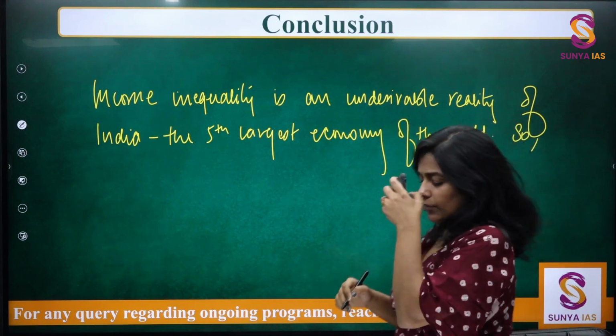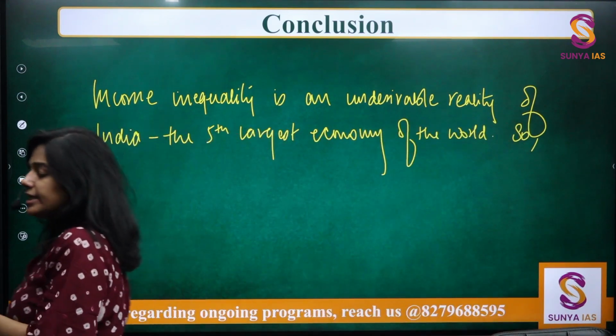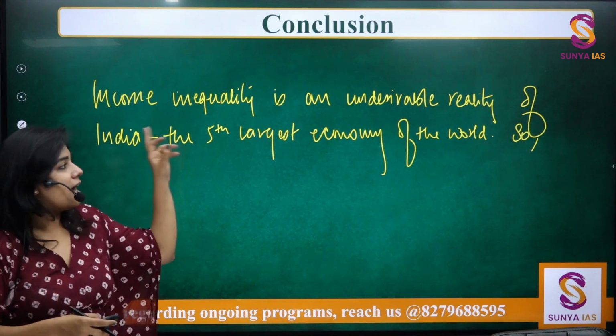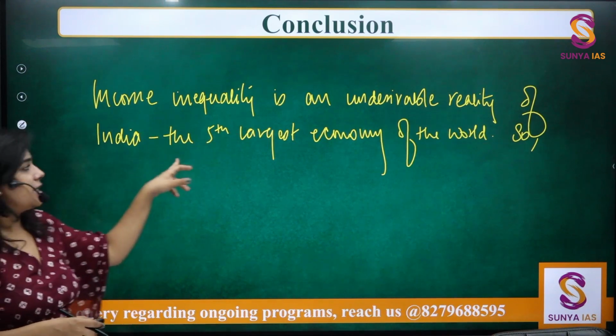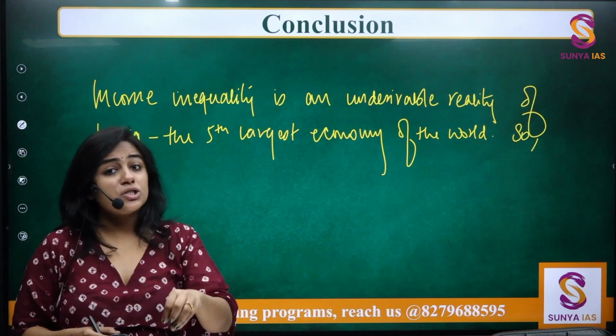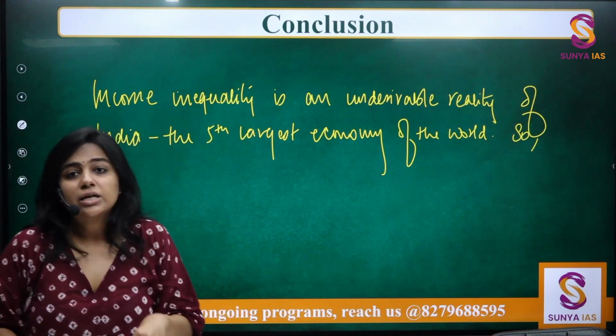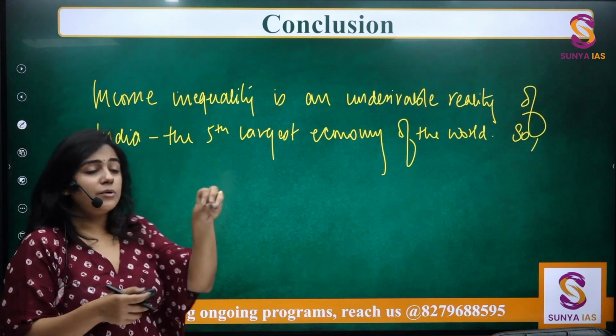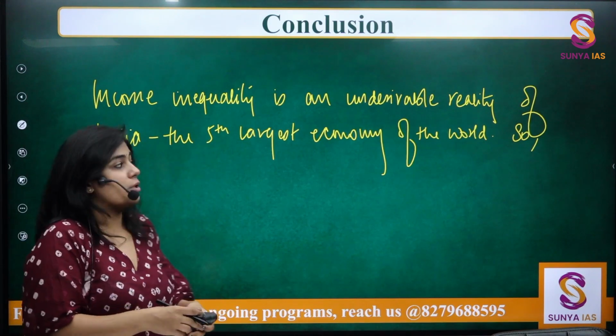So, okay, you have written a fact that income inequality is an undesirable reality of India, that is the fifth largest economy of the world. So we've told the gravity of the situation, that we have a responsibility. We are the fifth largest economy. We have a responsibility to reduce income inequality.